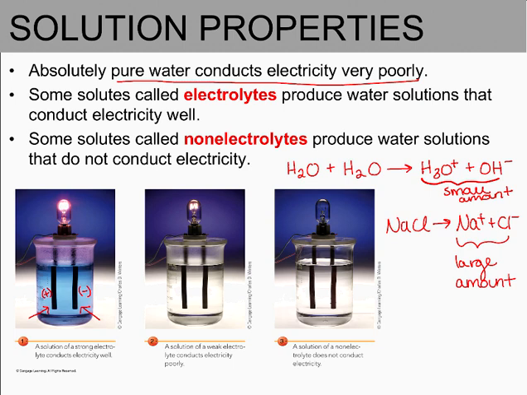All right, now some solutes do not dissociate in water. So for instance, sugar, which is C12H22O11, that stays exactly the same in water. It does dissolve in water because it is a polar molecule, but it does not dissociate into ions.